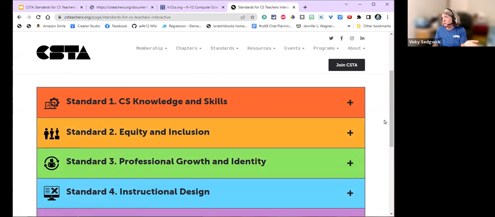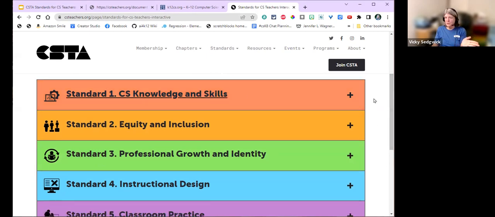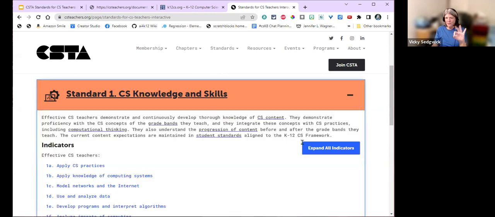So it looks very much like the slide because it is very much the slide, but there are 5 main standards. CS knowledge and skills. And if we do the plus on any one of them, it's going to expand them. And it shows you what the standard is.